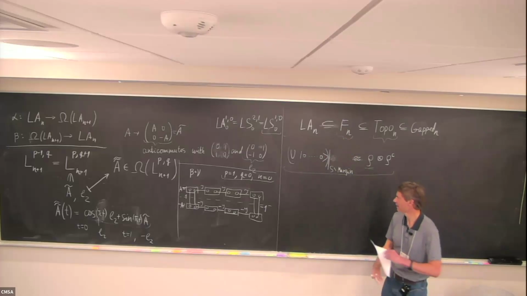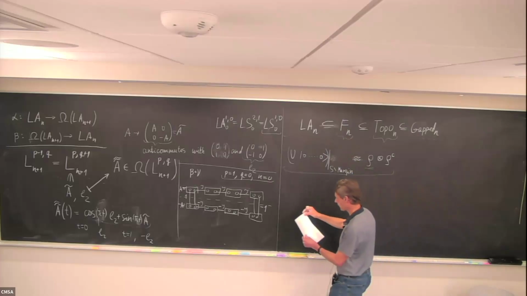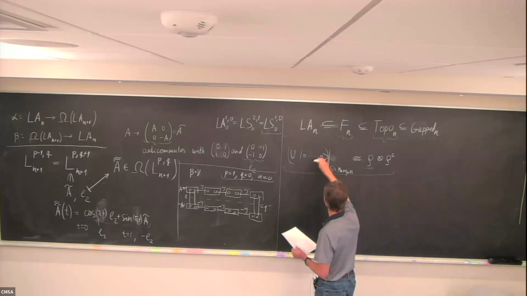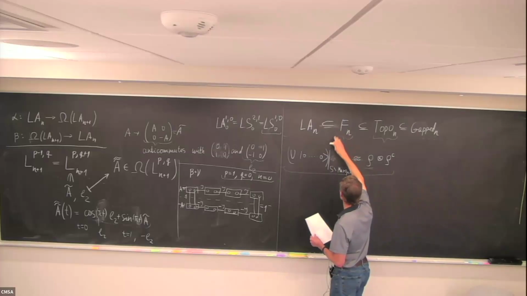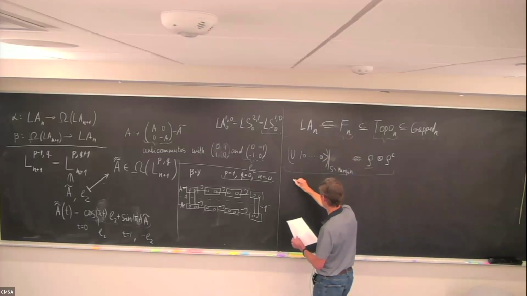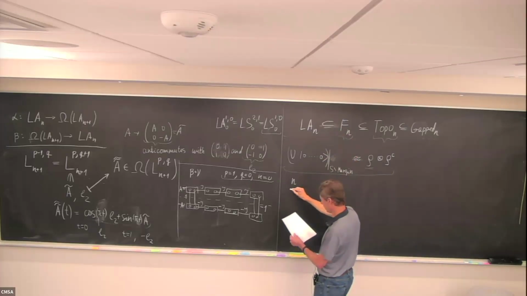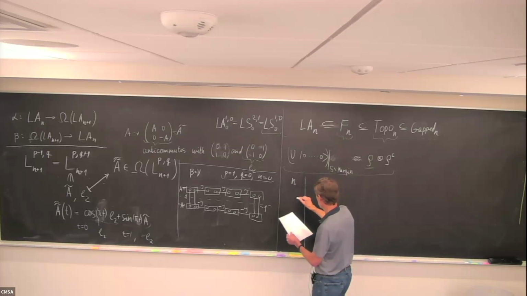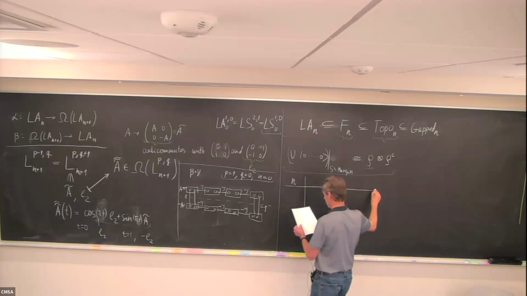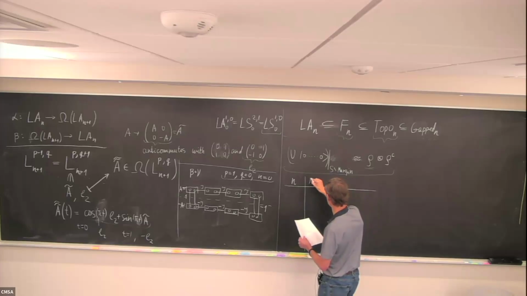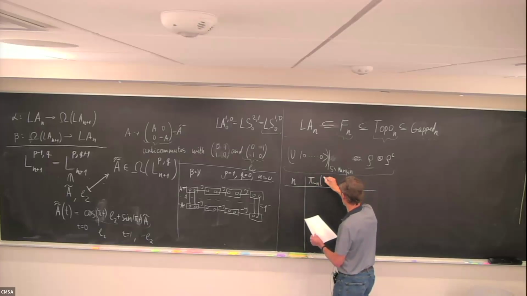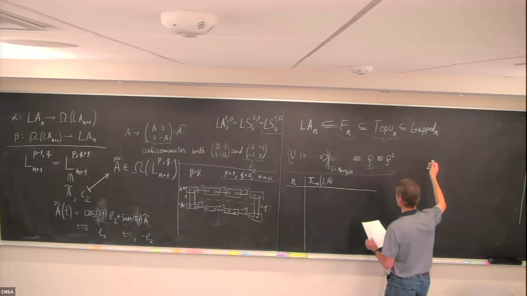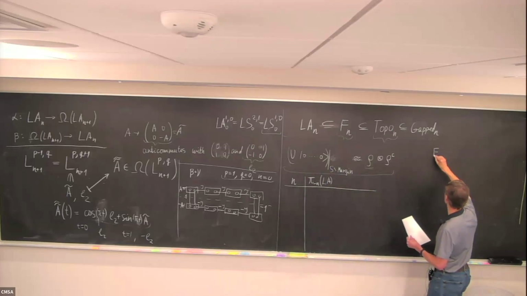So we have a parameter n, and I'll list pi minus n of LA, the spectrum LA, if A is any spectrum.